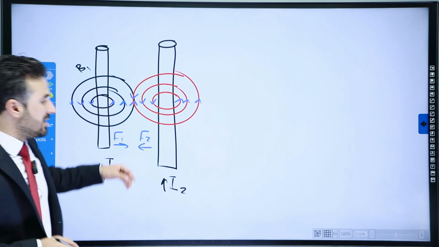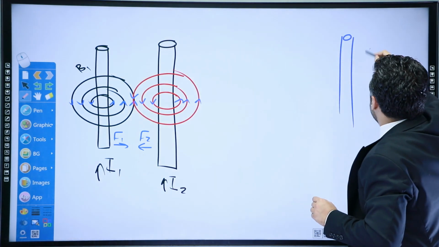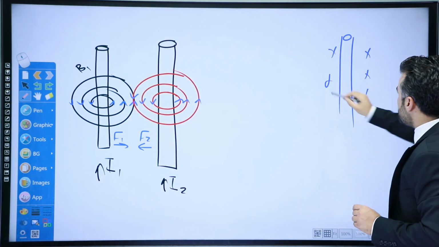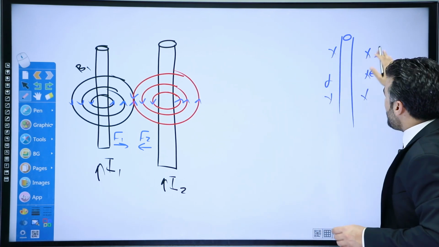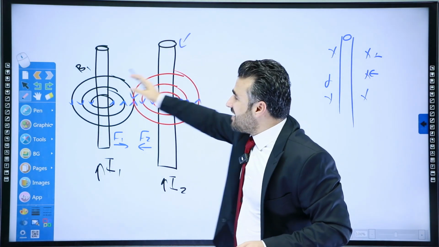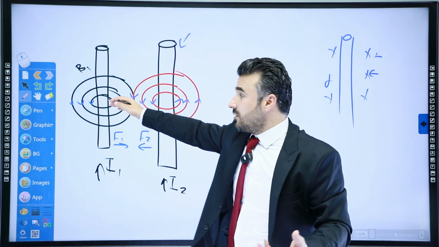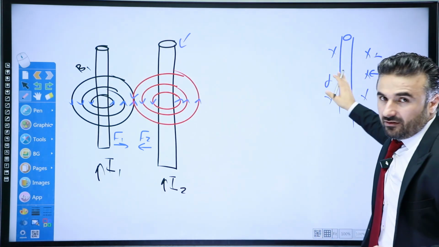Now imagine instead of having this wire inside an external magnetic field, the magnetic field that we have is basically provided by this wire in this case. If that is the case, then of course we will get a force on the wire because it is assumed that this wire is inside this magnetic field.